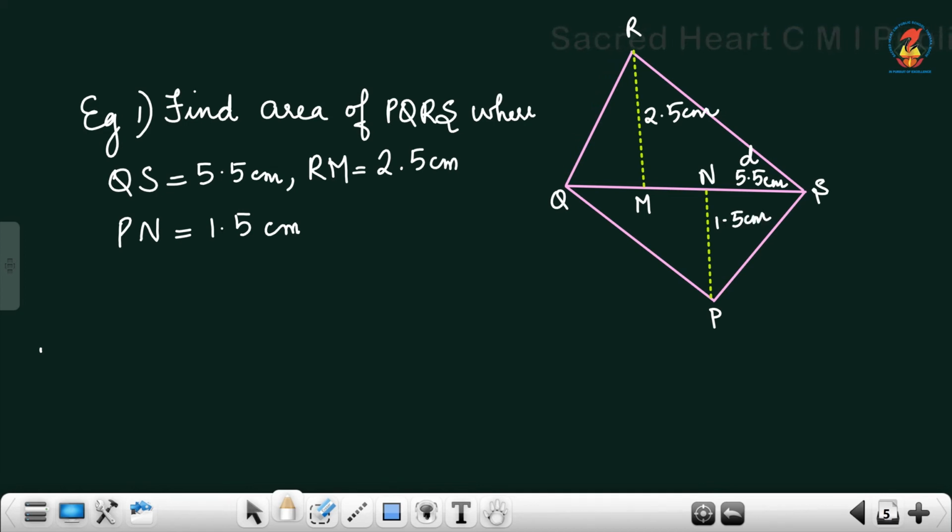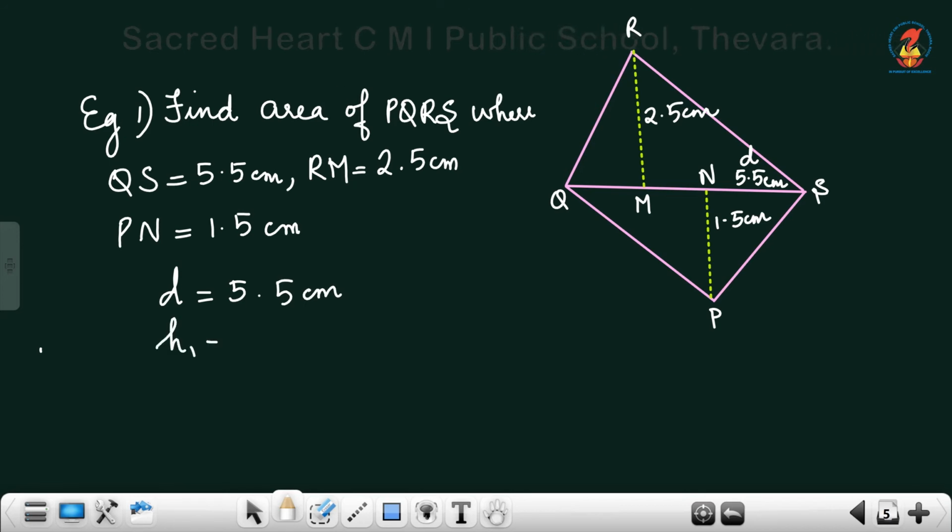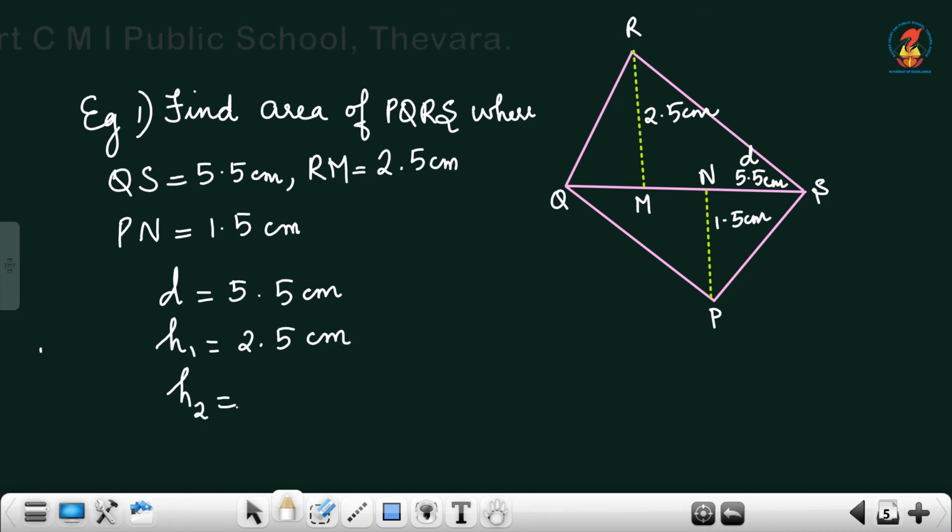So there is a quadrilateral with a diagonal. What is the diagonal measurement? 5.5 centimeter. Then height of one triangle 2.5 centimeter. Height of the second triangle 1.5 centimeter. With these measurements, I need to find the area of the quadrilateral.